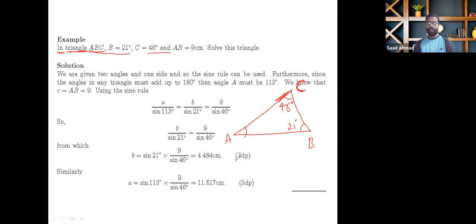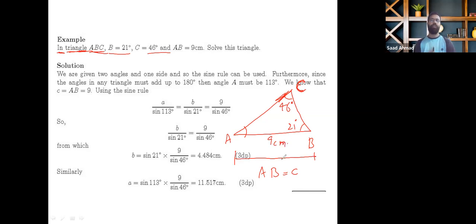This is the side length AB, or we can also say the side AB is equal to small c. AB is the same as the small c, which is 9 centimeters.